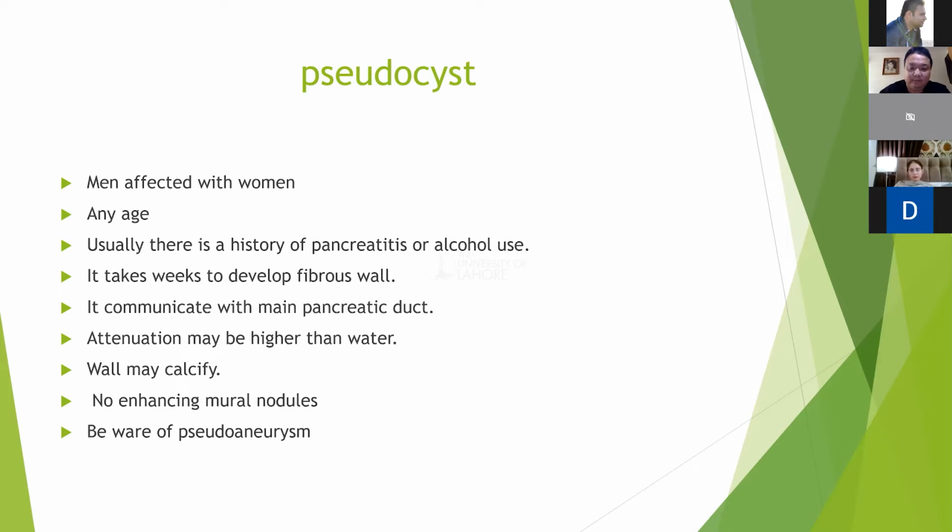The wall may calcify. There should be no enhancing mural nodules. If we see an enhancing nodule, then we are dealing with a cystic pancreatic tumor. Mucinous neoplasm is an important differential diagnosis in the absence of history of pancreatitis or alcohol abuse.